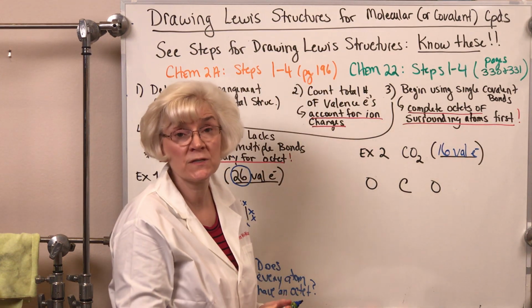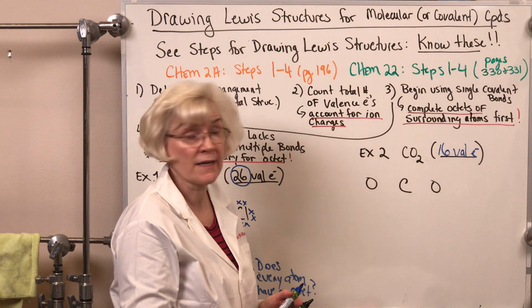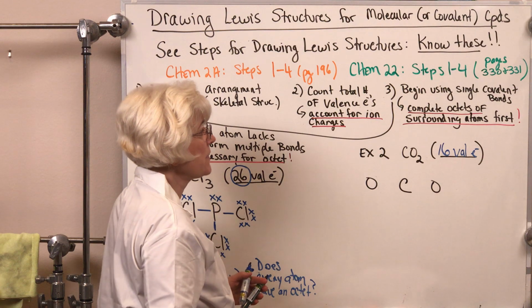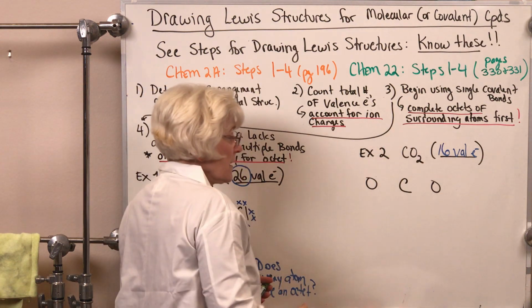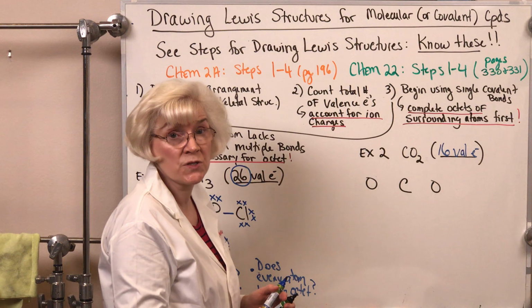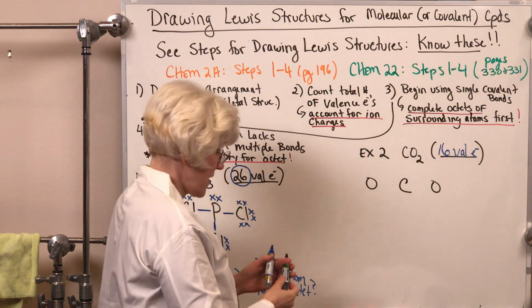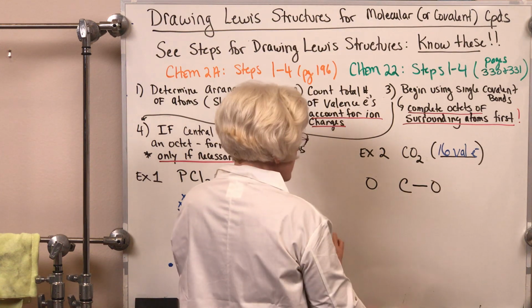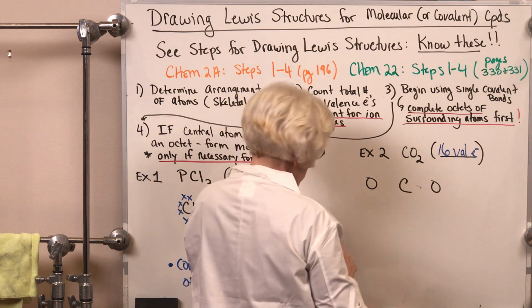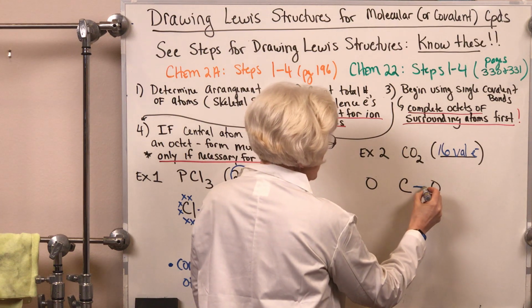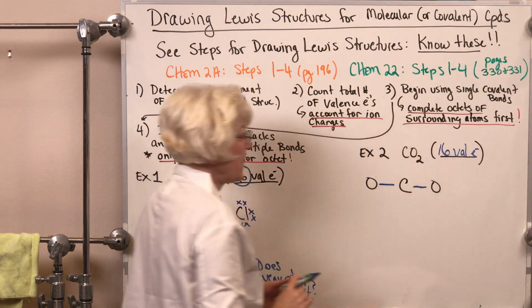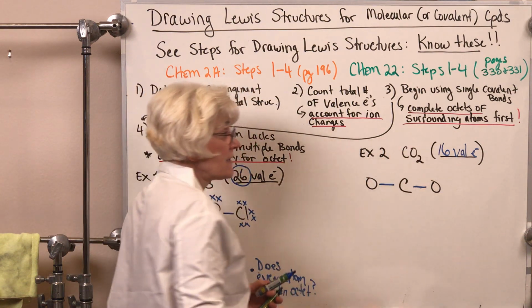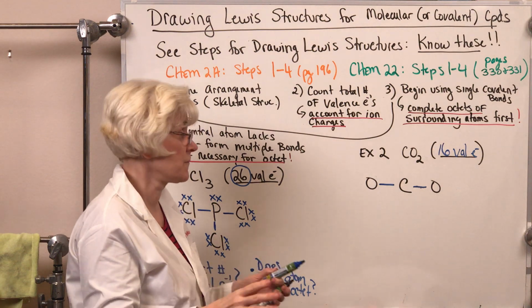And again, if this is a quiz or an exam, it's a good idea to double check that count. So we've completed step 1, we've completed step 2, and now we're going to start bonding the atoms together using single covalent bonds only. Single covalent bond, let's make it pop a little more in blue. Single covalent bond, single covalent bond, and then we must complete the octet of the surrounding atoms first.